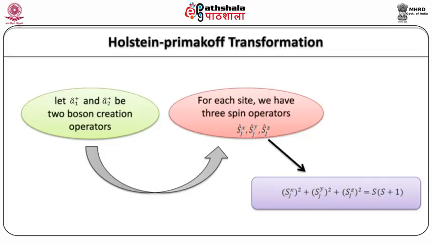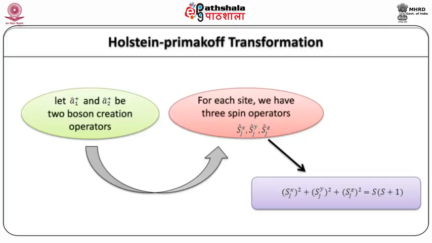Adopting the Schrödinger representation, let A1 dagger and A2 dagger be two boson creation operators. For each site, we then have three spin operators, Sjx, Sjy and Sjz. Sj represents the spin at the jth site, and the components are included in the superscripts x, y and z, and they are coupled to the identity.